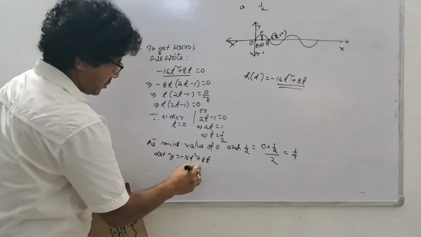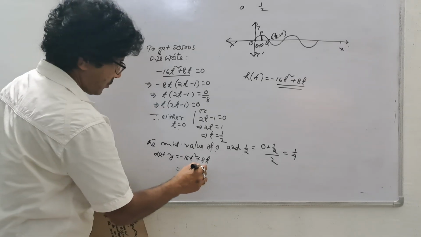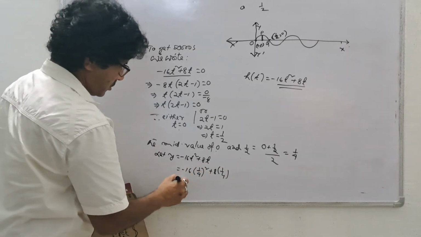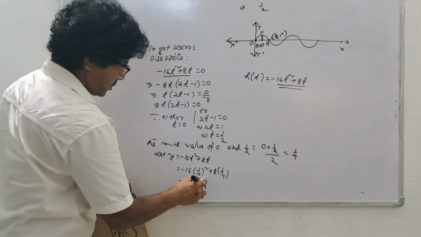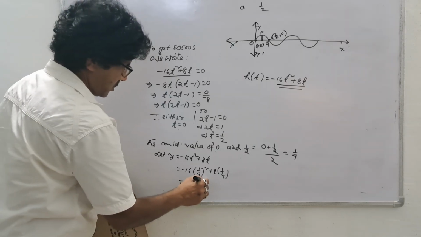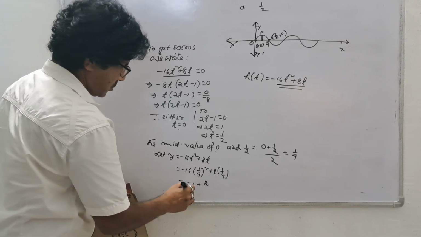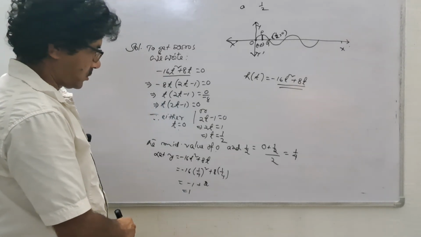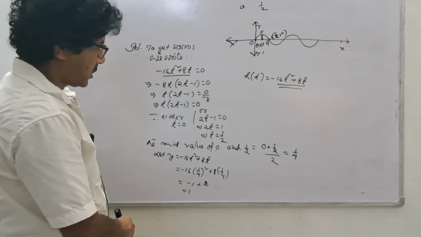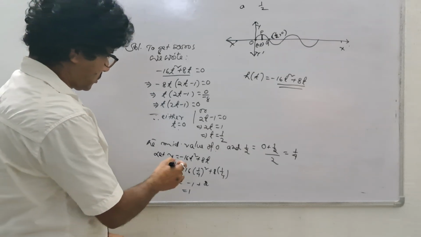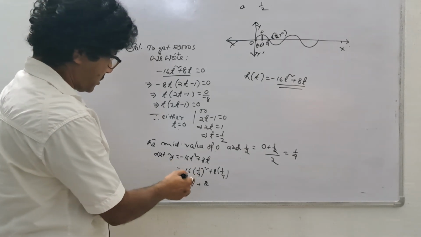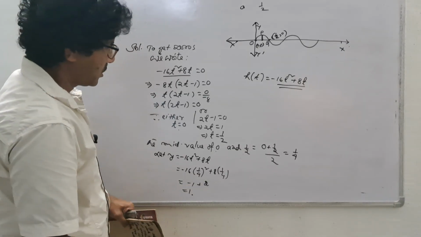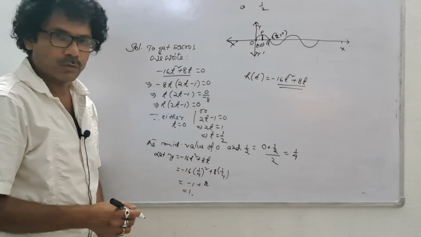So for t is equal to 1 by 4, what we are getting? Minus 1 by 4 square 16, cancelling, 1. So height will be 1 unit.